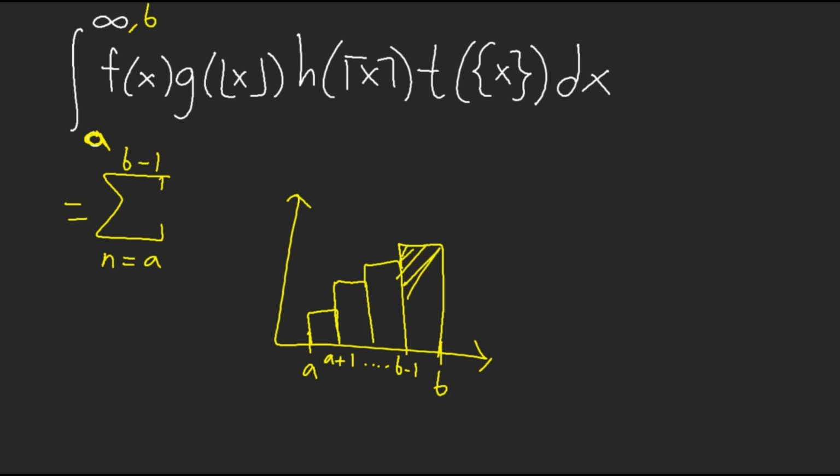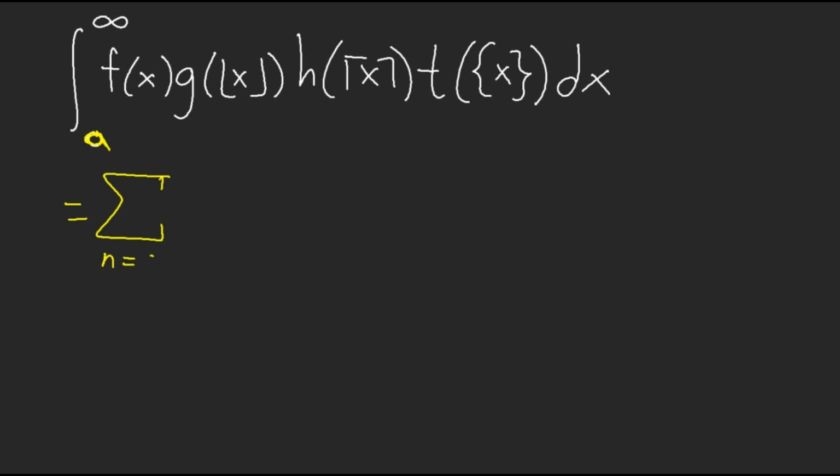And then you stop there because b minus 1 is already adding this whole rectangle here. Continuing with the infinity though, a lot of the integrals that you'll come across will just have infinity, mostly because it's just nicer. So if this is infinity, then this becomes infinity.